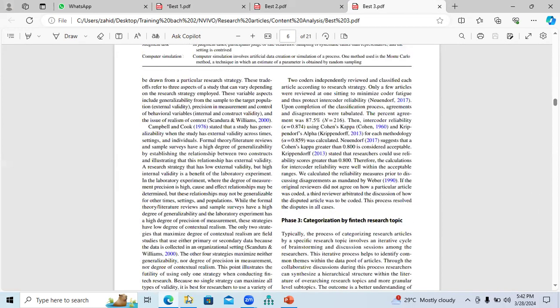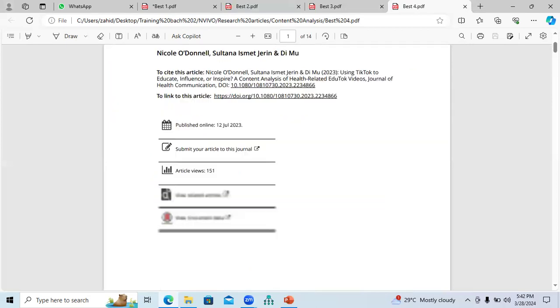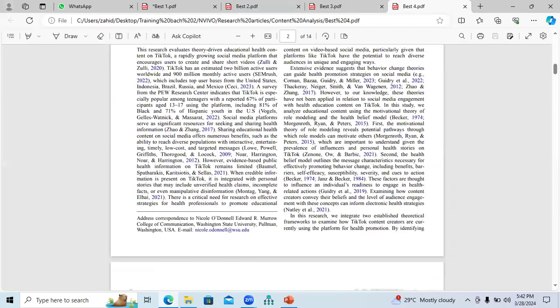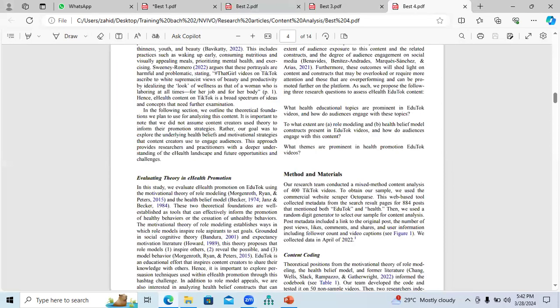So another article is there, paper 4, Using TikTok to educate, influence, or inspire: a content analysis of health-related education TikTok videos. So you can also see this. You should read the methodology, how they have applied it. Our research conducted a mixed method content analysis of 400 TikTok videos.